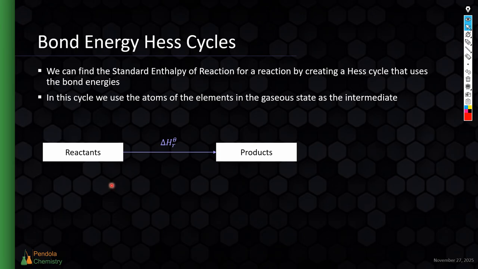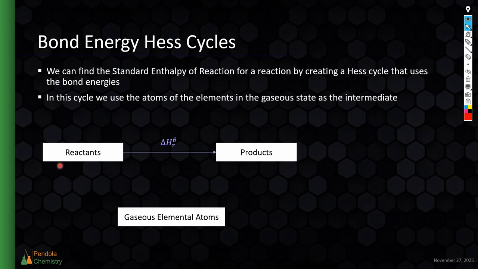Now, with using bond energies, whenever we break down bonds, what we are going to create as an intermediate is the gaseous elements. The gaseous elemental atoms. So not the elements in their elemental form, like enthalpy change of formation, you have to be very careful about that, but the individual atoms in the gas state for those elements.